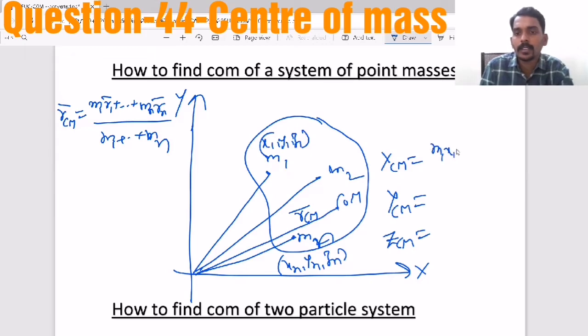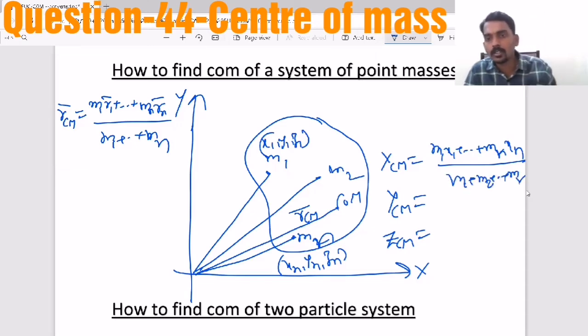Like xcm means m1 x1 plus m2 x2 plus and so on, mn xn, whole divided by m1 plus m2 plus and so on, mn. Similarly, for the y coordinate of the center of mass, m1 y1 and so on, mn yn, by total mass.